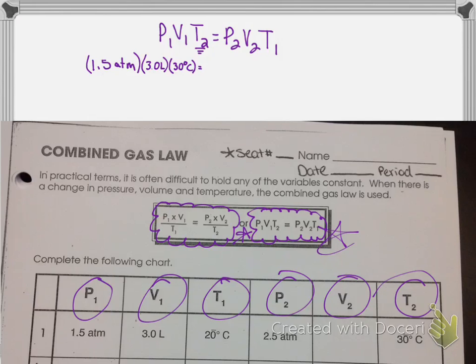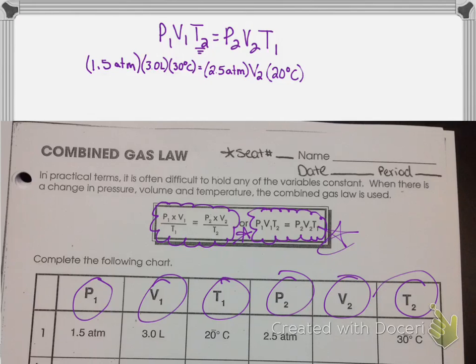Now for the other side of the equation, it's P2 times V2. So our P2 is 2.5 ATM. Our V2, we don't know, so we're going to leave that as V2. And then times our T1, and our T1 is 20 degrees Celsius.